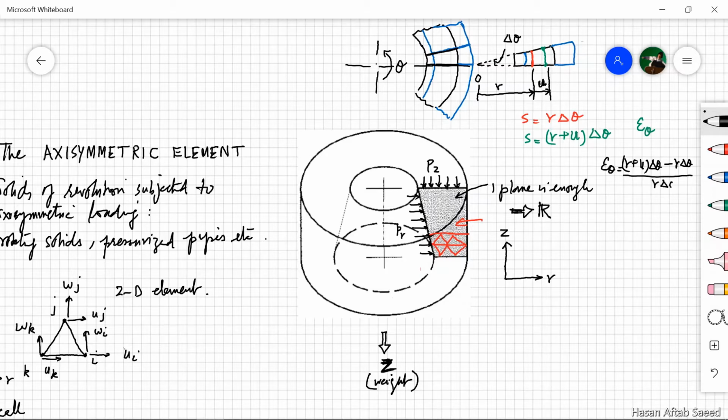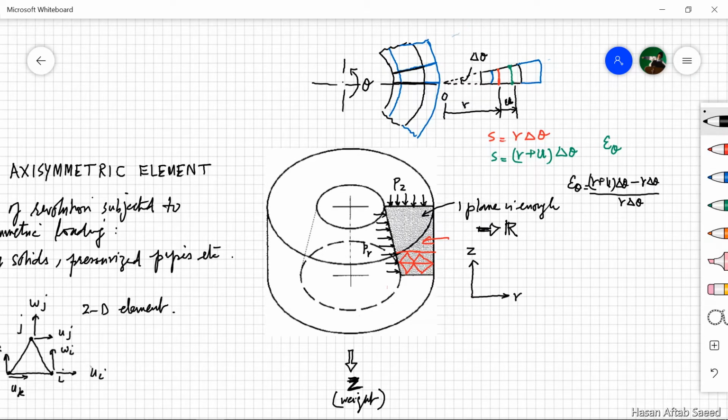This is the formula for strain, which becomes r delta theta plus u delta theta minus r delta theta, over r delta theta, and this leaves us with u over r. This is a very peculiar expression because we are used to strain values that are differentials.